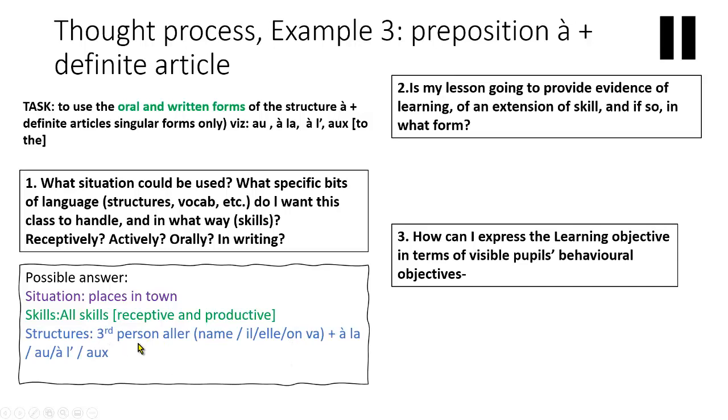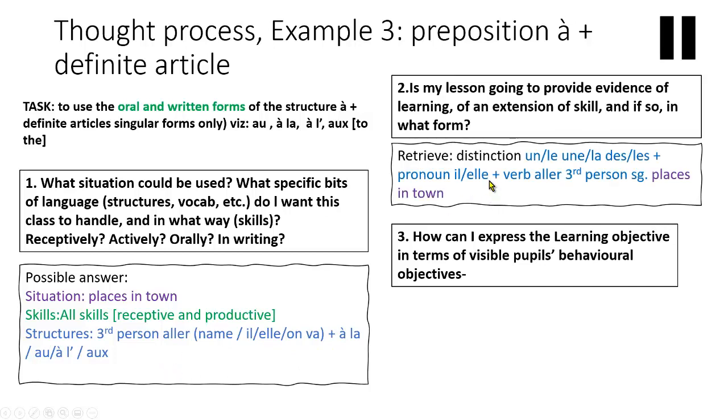And here are the structures that I'm particularly saying could be useful for this. I'm deliberately saying I'd start with the third person. I'd have the verb aller, to go. So il, elle, on va, or the name va. And then those structures which have been mentioned. What will it provide evidence of?